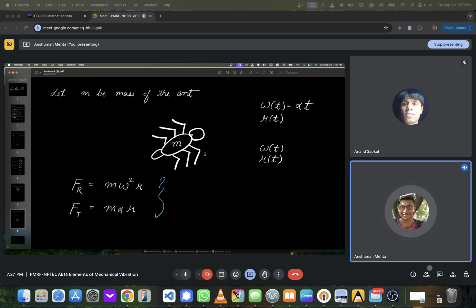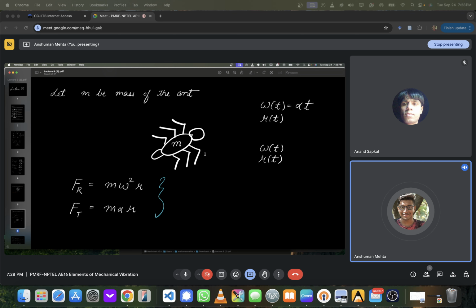So there will be two force components, one in the radial direction and one in the tangential direction. So in the radial direction, the force will be m omega square r. Okay, here omega and r are both changing with time.